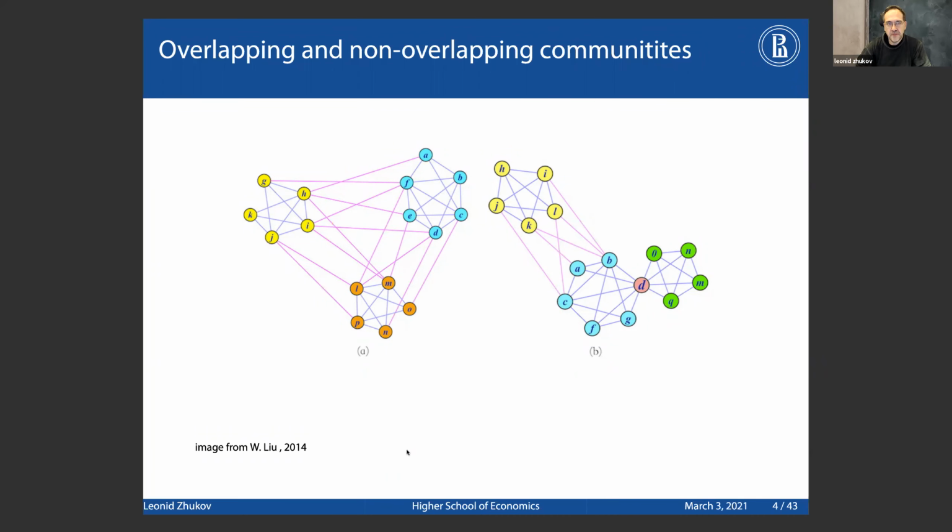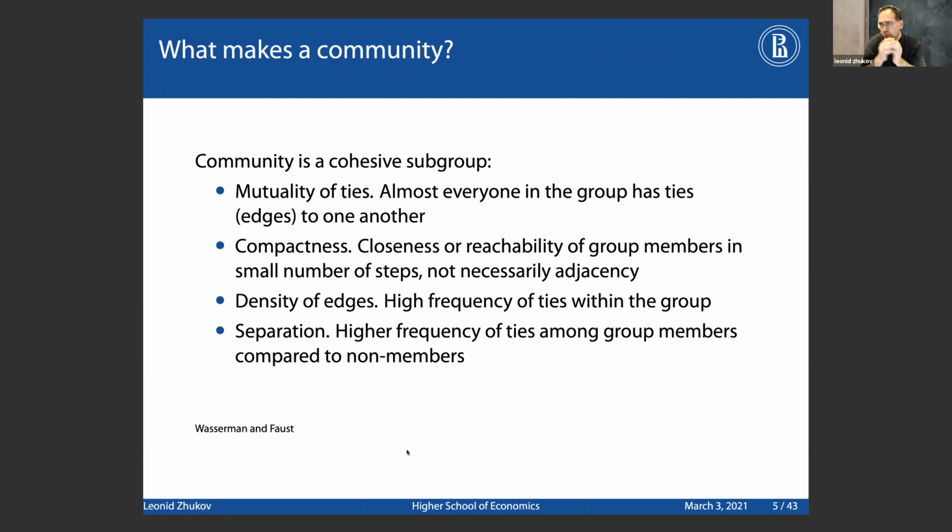All right. So what constitutes a community? What makes a community a community? This explanation actually comes from the social network Bible of Wasserman and Faust, where a community is described as a cohesive subgroup. So there is mutuality of ties: almost everyone in the group has ties to each other.